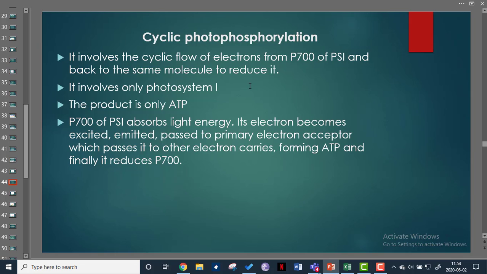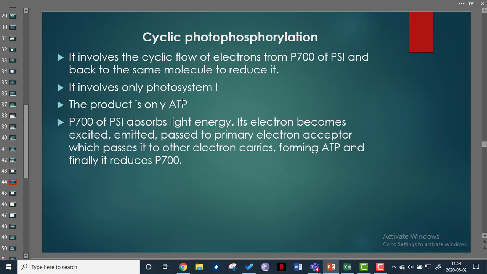That's why we are saying that cyclic photophosphorylation involves photosystem 1 and the cyclic flow of electrons from P700 of photosystem 1 and back to the same molecule to reduce it.